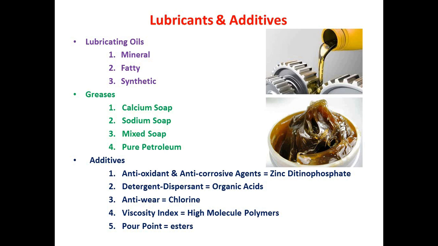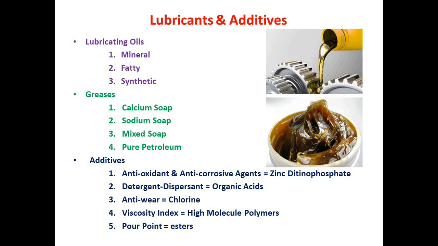Secondly, we can add organic acid so that it will improve the detergent properties of the lubricating oil. This property is quite useful when we are supposed to carry away small metal particles or some foreign particles inside the engine.